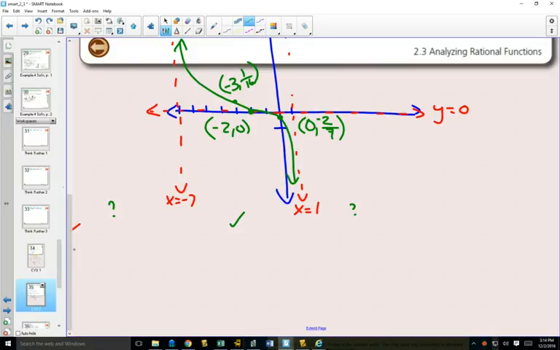Where would that be? That would be about here, -8 comma -6 over 9. You could reduce that to -2/3 if you want. But now that we have that point, we know there's no more x-intercepts. The only thing that's possible in this section is for our graph to look like this.